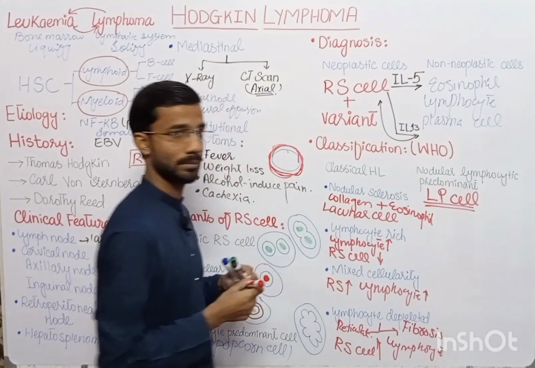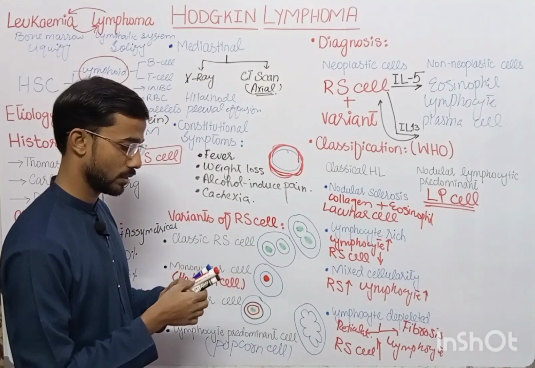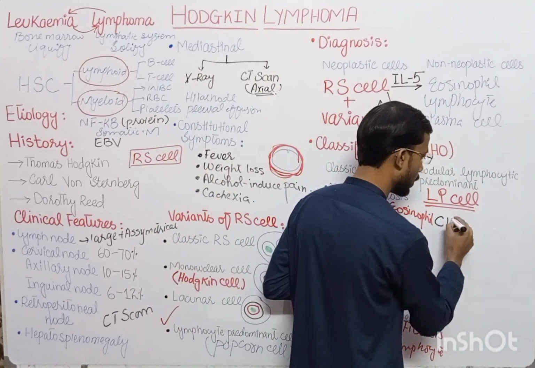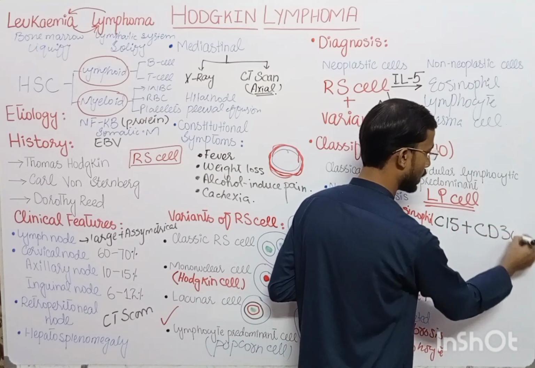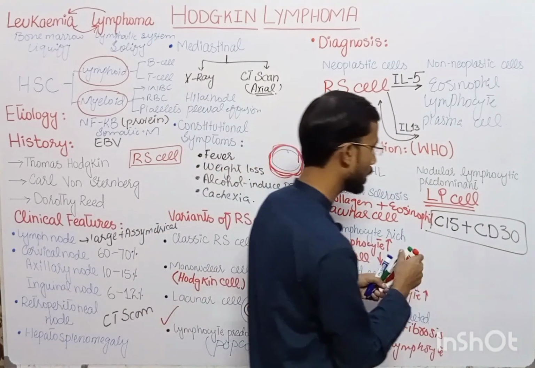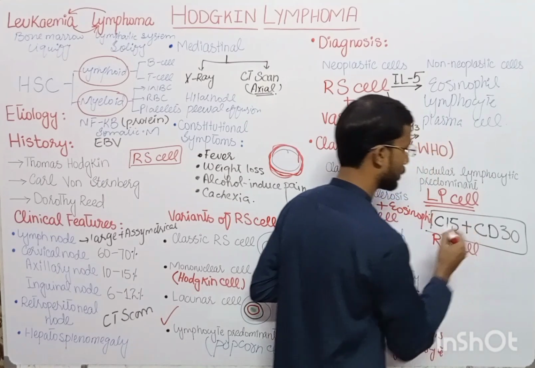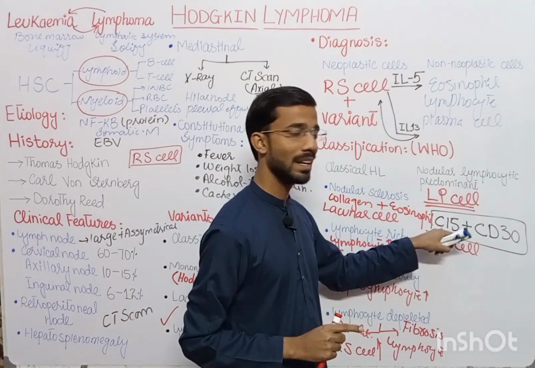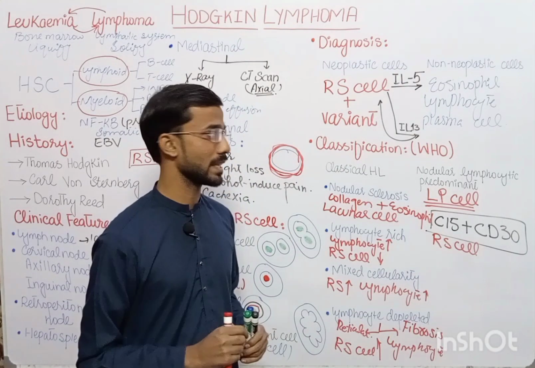An important point is that the Reed-Sternberg cell and its variants show the markers CD15 plus CD30. These markers are presented by the Reed-Sternberg cell, except for the lymphocyte predominant cell.